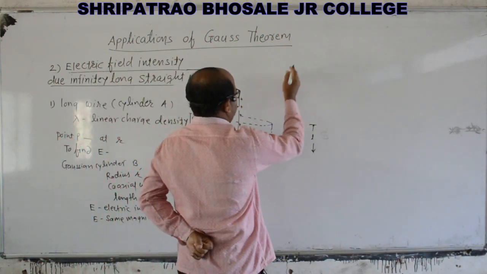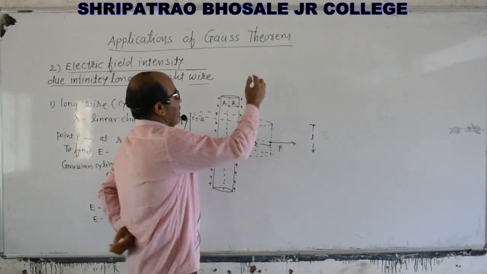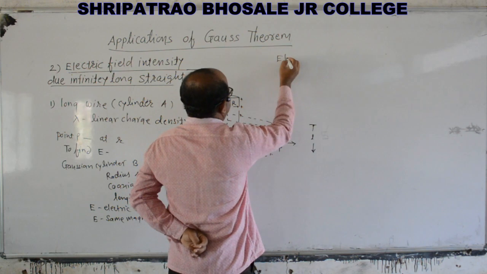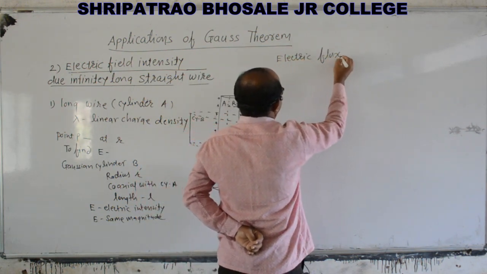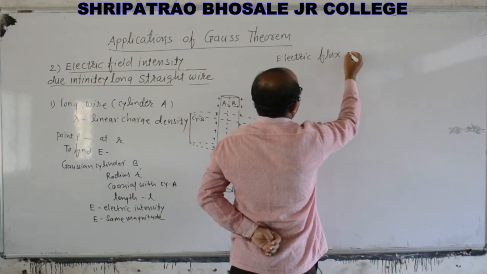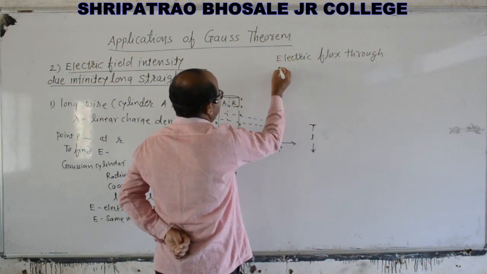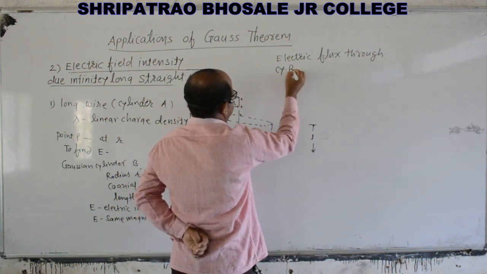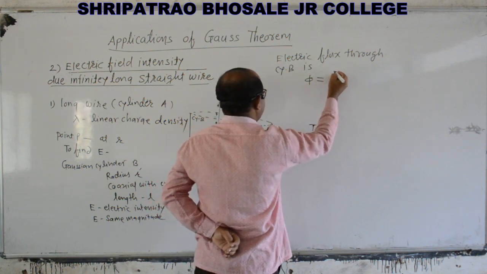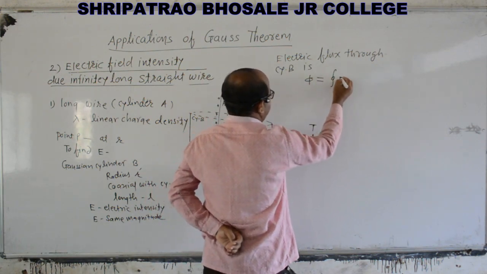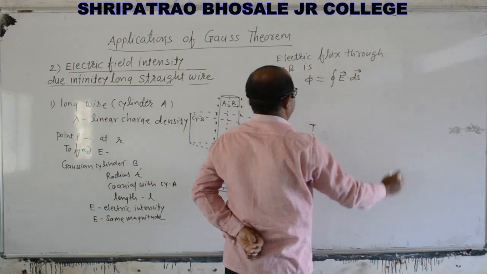So we can write the electric flux passing through this cylinder, phi, is equal to closed integration of E bar dot ds bar.